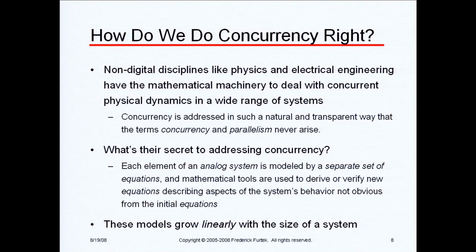Now notice here that the model grows linearly with the size of the system. You add more components, more elements, you simply add the equations for those elements or components. There is no state space explosion.